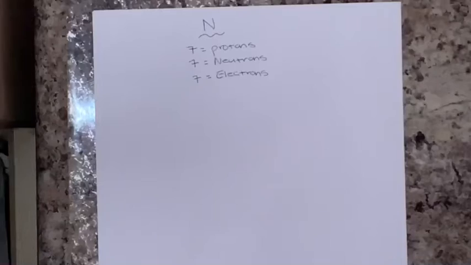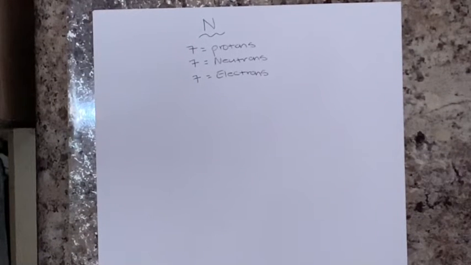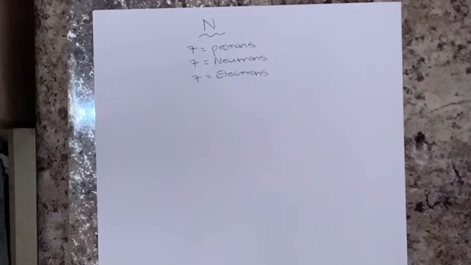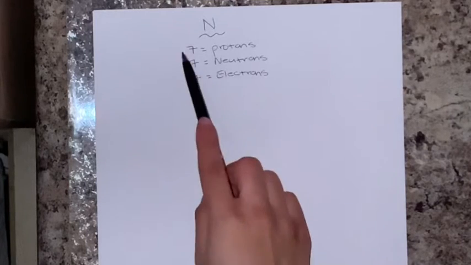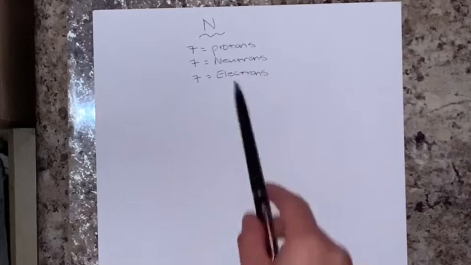For our second example of Bohr's orbital diagram, we have another neutral atom, and this neutral atom is nitrogen. Nitrogen has 7 protons, 7 neutrons, and 7 electrons.